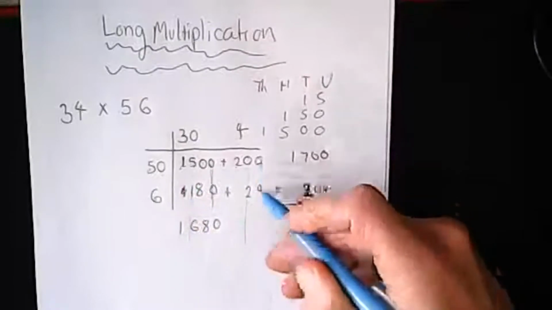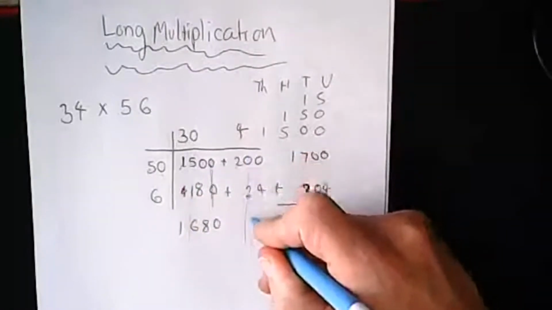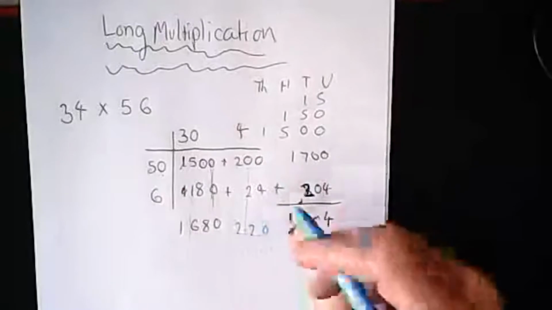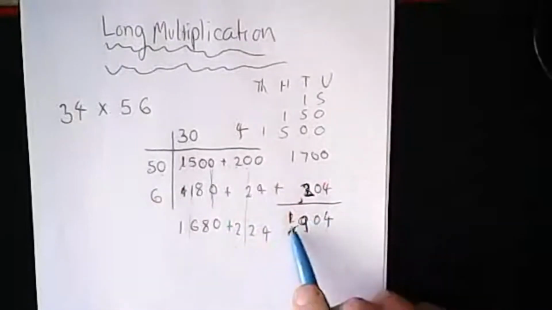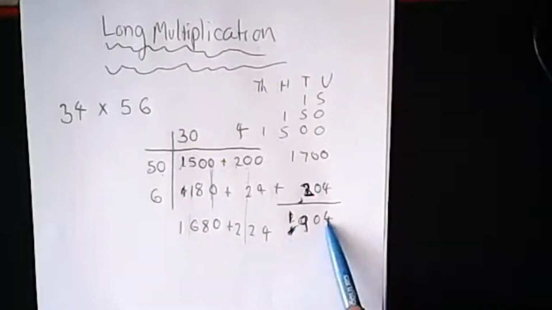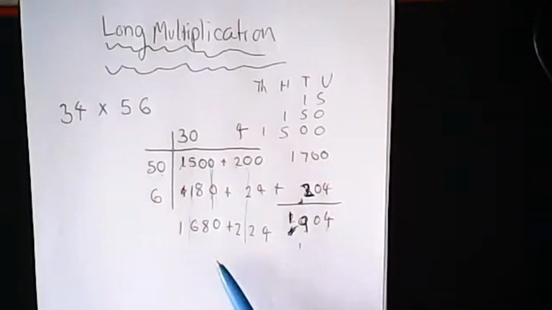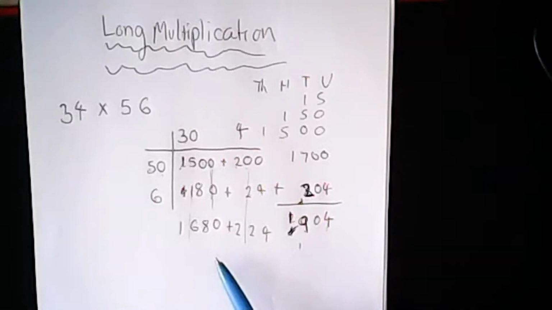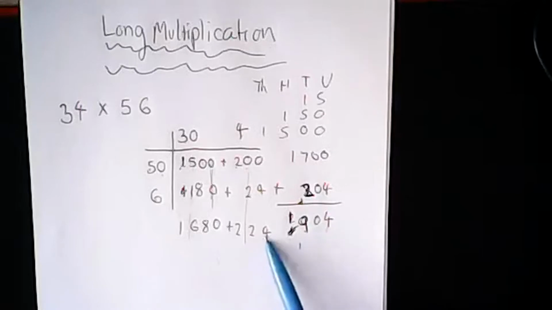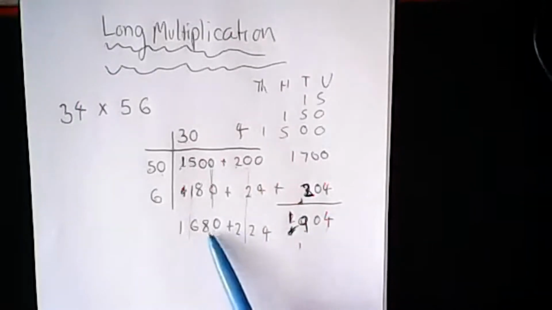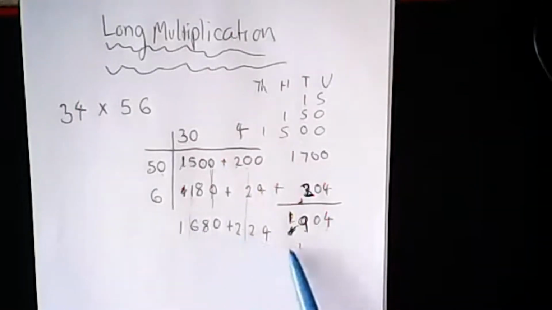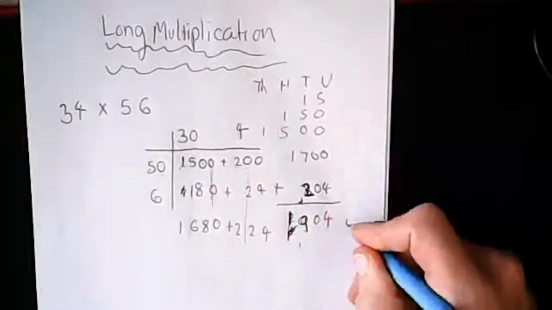And then going down here, we've got a 4, we've got a 2, we've got a 2. And then to check, I can add them up going across. 0 add 4 is 4. 8 add 2 is 10. Put the 0 down, carry the 1. Okay, 4, 10, carry the 1, 6, 7, 8, 9, and then the 1, so that's 1904.